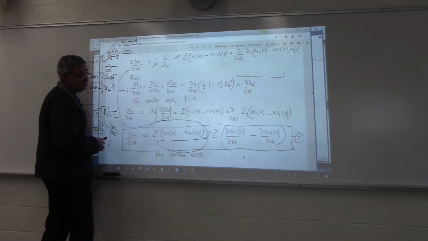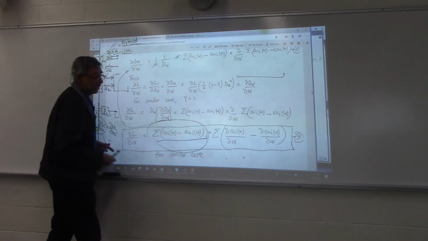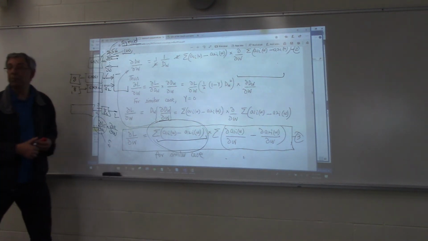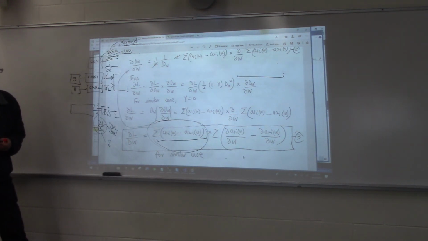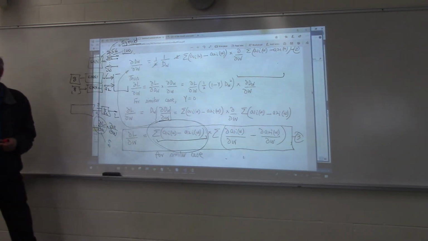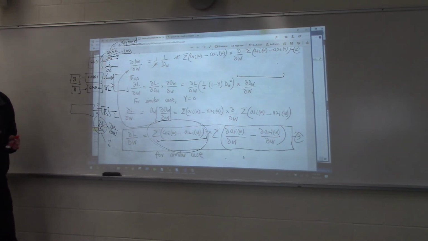Once we backpropagate it, if you take a look at these two, it tells us the gradient with respect to the first input, whatever we computed, and this would be the gradient with respect to the second input. And what do we have to do to both of them to adjust the weights? Take the difference of the two gradients, for the similar case.